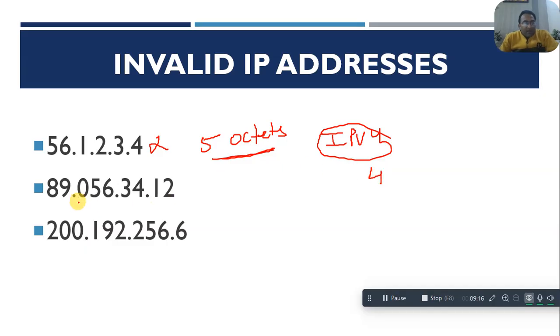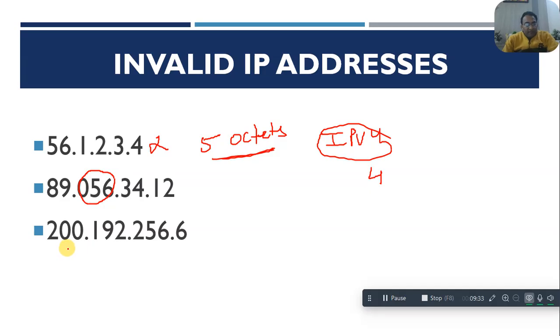Now the next example, 89.056.234.12, again an invalid IP address because a number cannot begin with a 0, and that's why it is invalid.